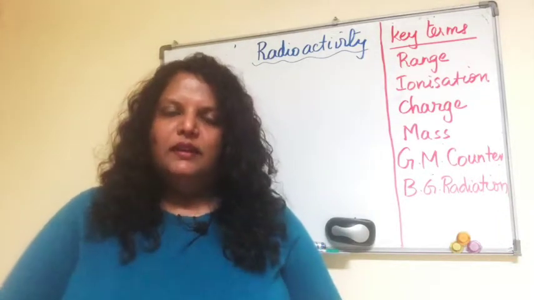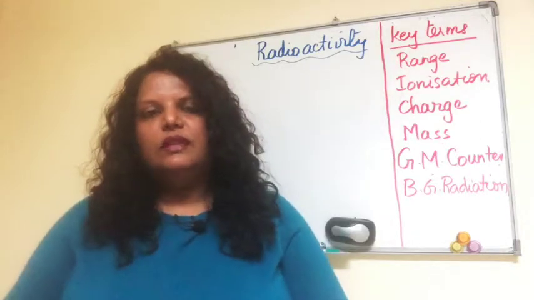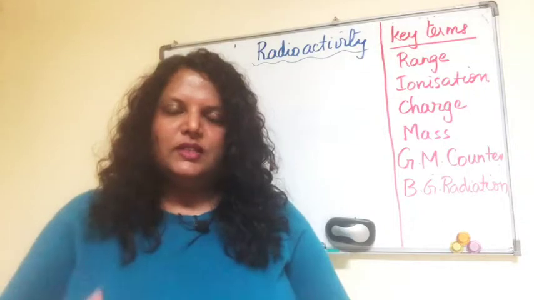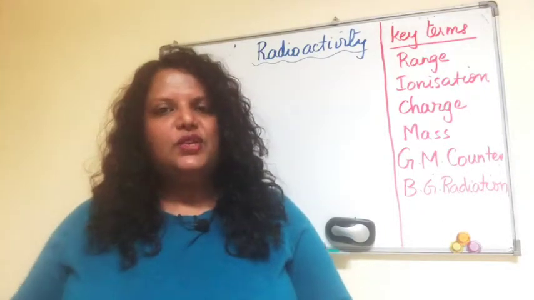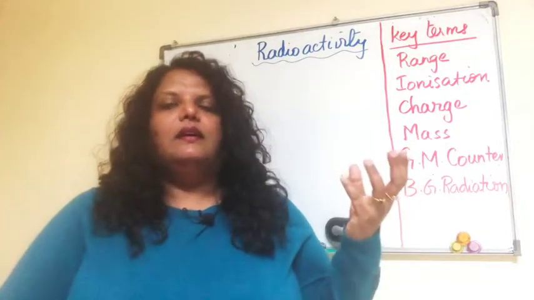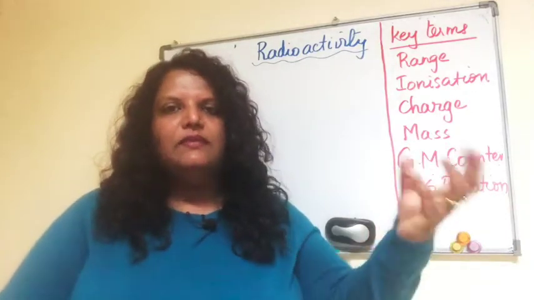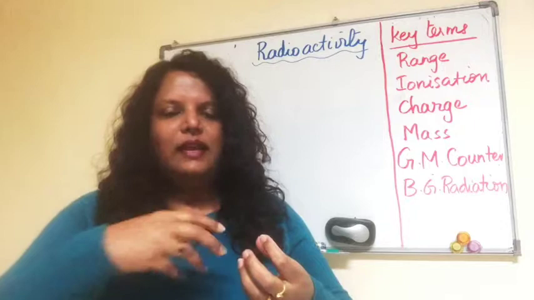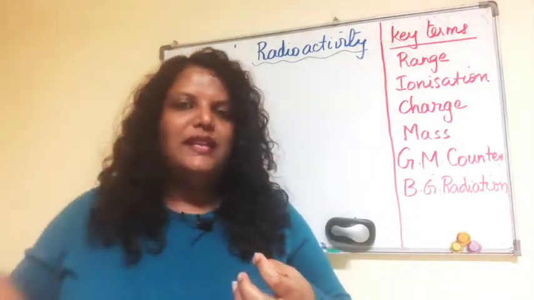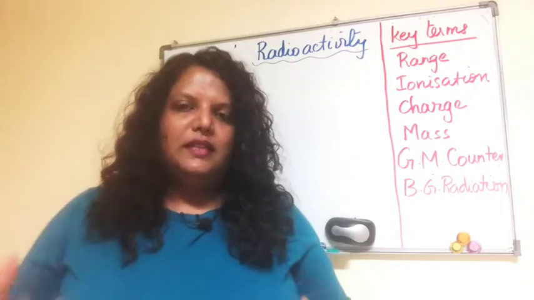When they are unstable, they tend to give out some of the particles or some of its mass or charge, etc. to reach a stable state. So a heavy, unstable element gives out some radiations or emits some of its particles, and then it reaches a state where it is going to be a stable element.